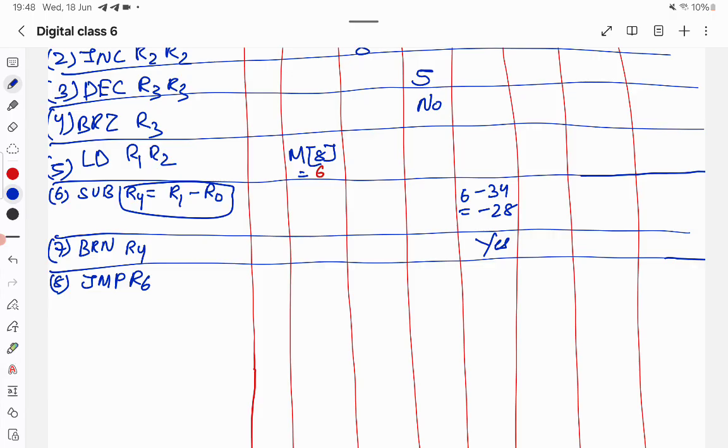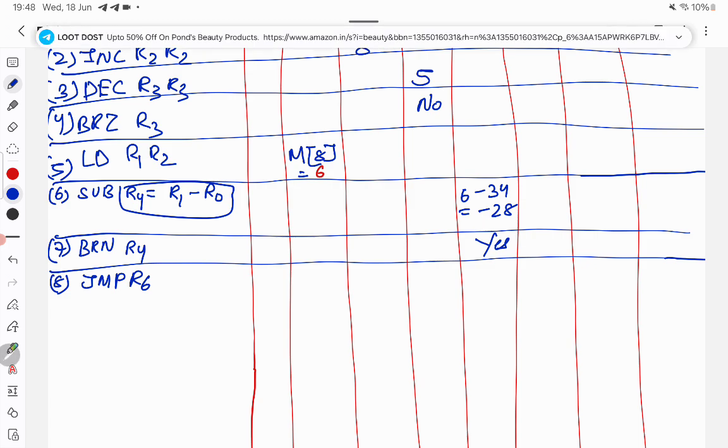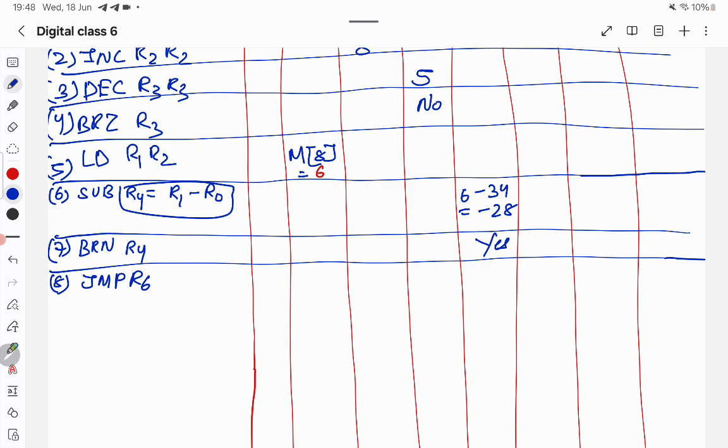Is R4 negative? Here minus 28 value was stored. So yes, R4 is negative. Since it is negative, you will jump 2 steps. 1, 2. Why this 2? Why the jump? It can be 3, 4, 5, whatever is given, it will be given.